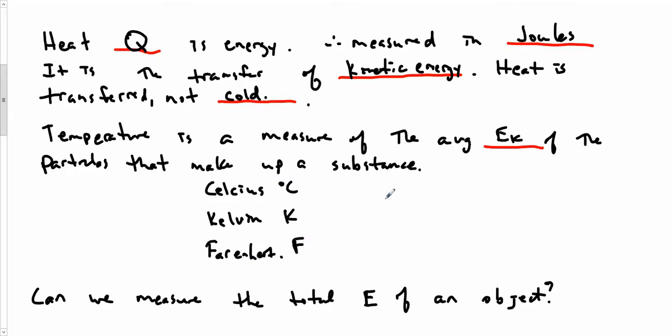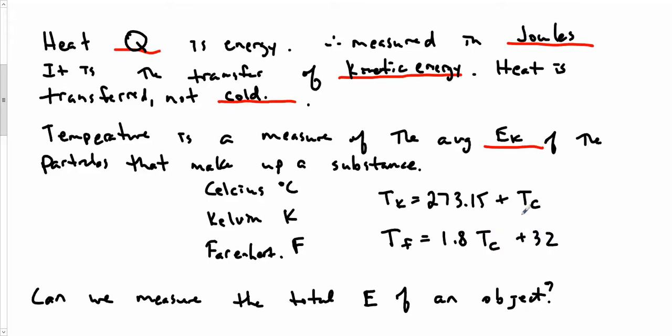A couple of formulas. The temperature in Kelvin is 273.15 plus the temperature in Celsius, and temperature in Fahrenheit is equal to 1.8 times the temperature in Celsius plus 32.